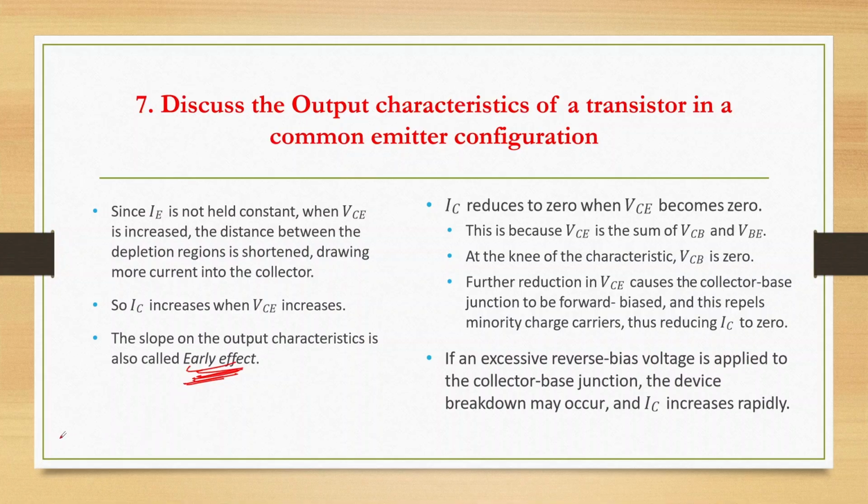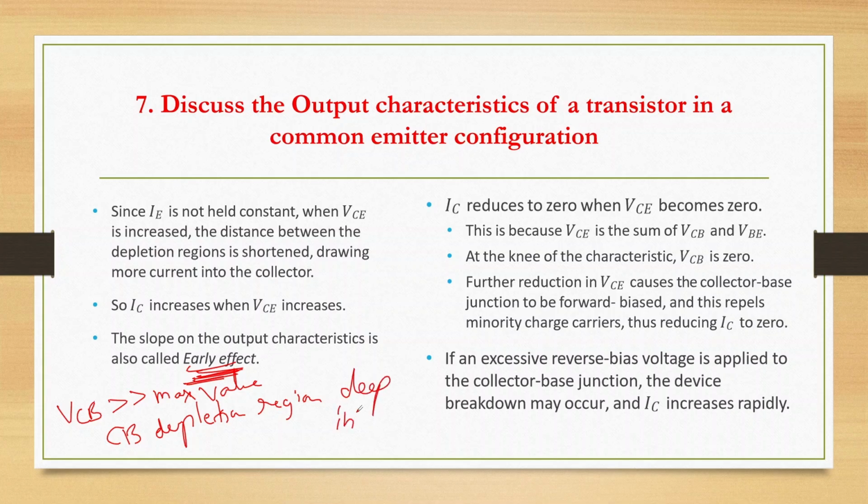When the reverse bias voltage VCB in the CB junction exceeds the maximum specified by the manufacturer, then the CB depletion region penetrates deep until it comes in contact with the BE depletion region.